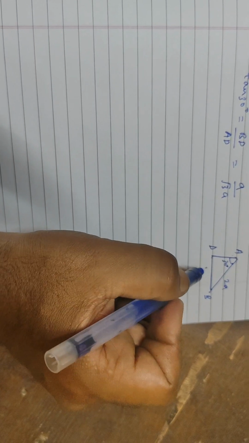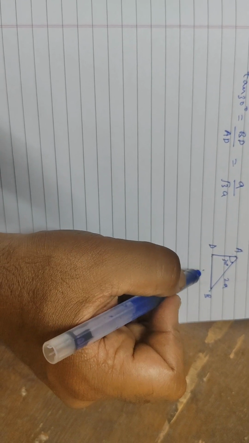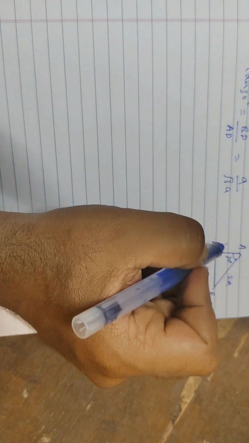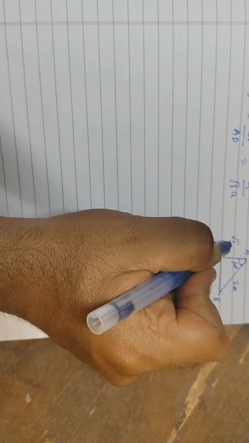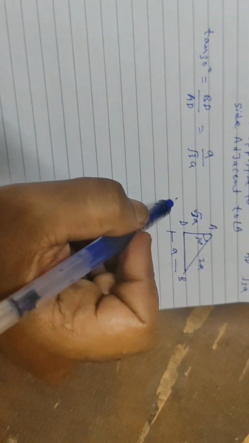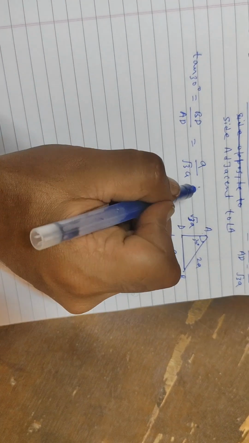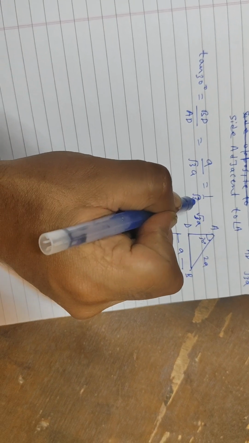So opposite side is A and this is root 3A. So A cancels and we get 1 by root 3.